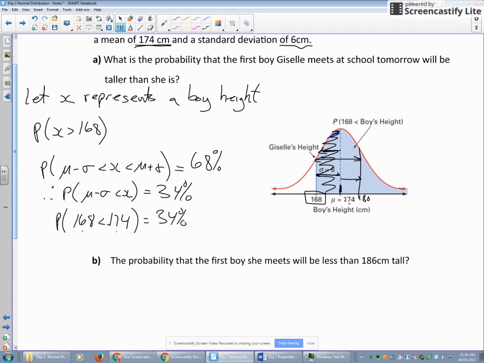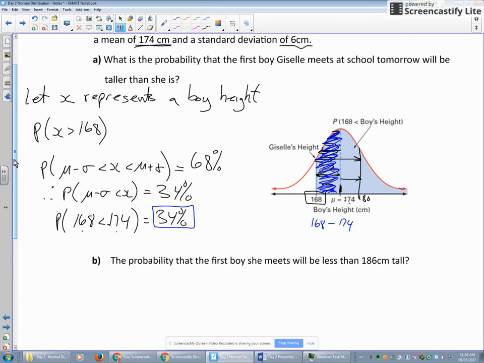So this section in here, between 168 to 174, there is a 34% chance that when I find a boy, they're going to be between 168 centimeters tall and 174 centimeters tall. That represents this portion of my graph.